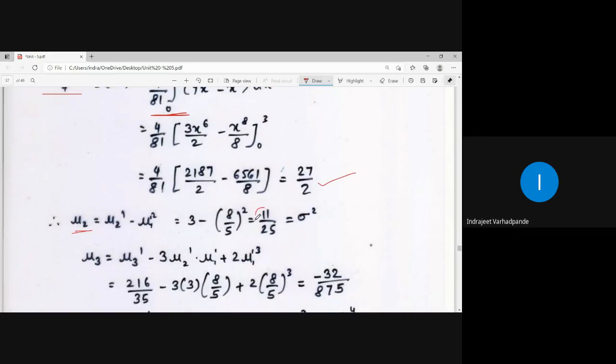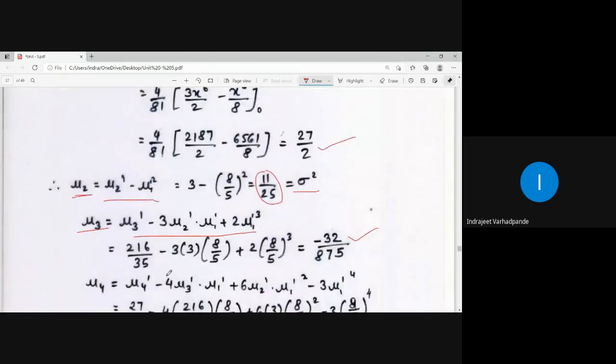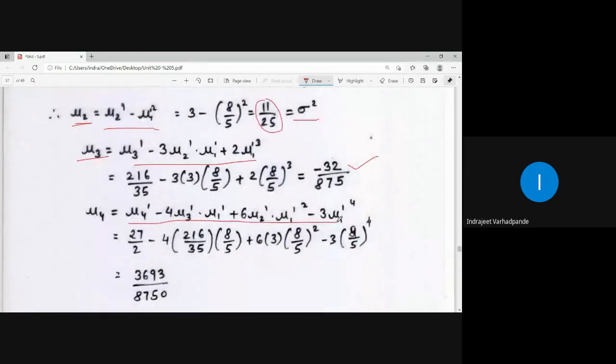Mu2 is obtained with the help of the relationship, and it is sigma square. Mu3 is obtained with the help of the relationship we discussed earlier: mu3 dash minus 3 mu2 dash into mu1 dash, plus the last term, and that is minus 32 upon 875. Mu4 will again be calculated with the help of this relation. That comes out to be this.